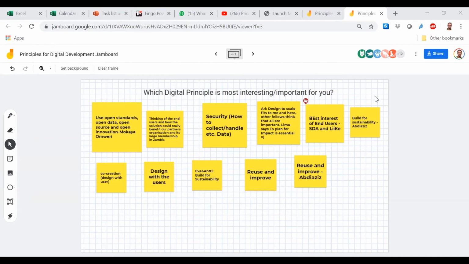My name is Abdulaziz. I have chosen two, but I will choose reuse and improve, because whatever technology you develop should be a kind of living thing, which you can improve. When you build it, you have to revisit it and learn from it.